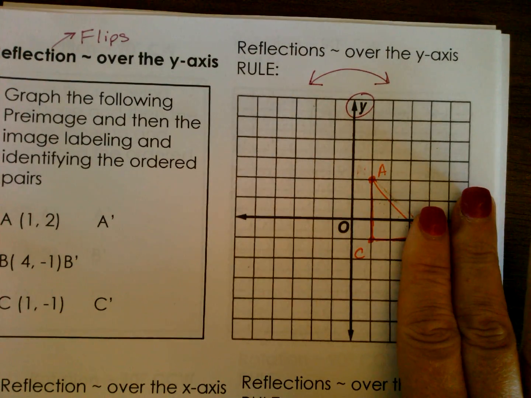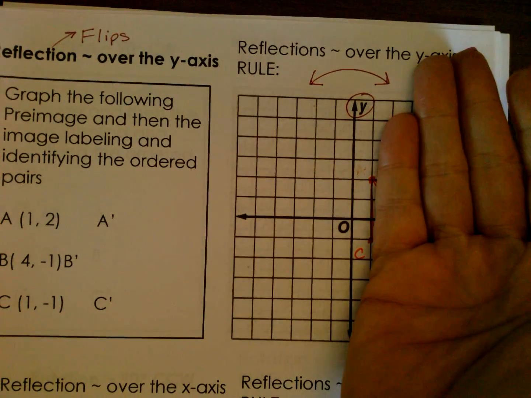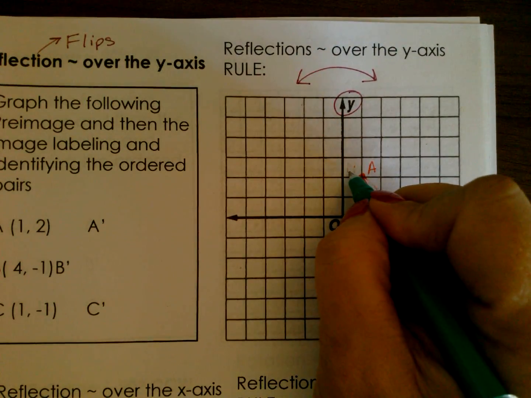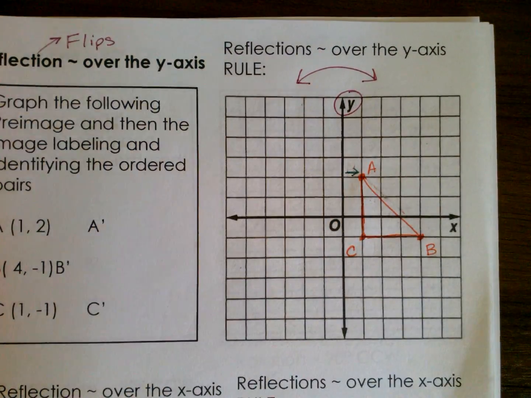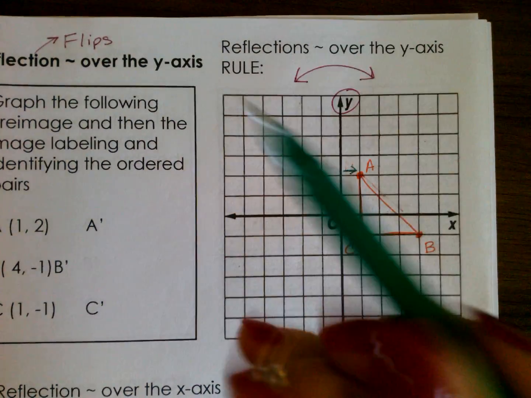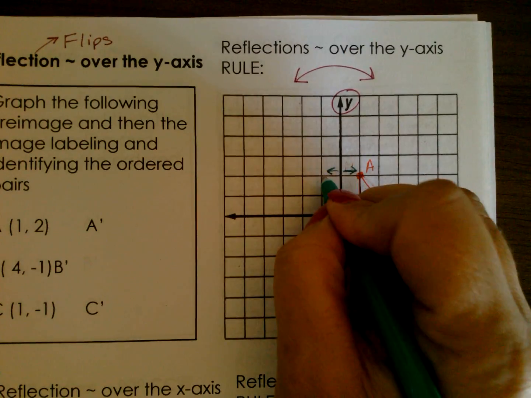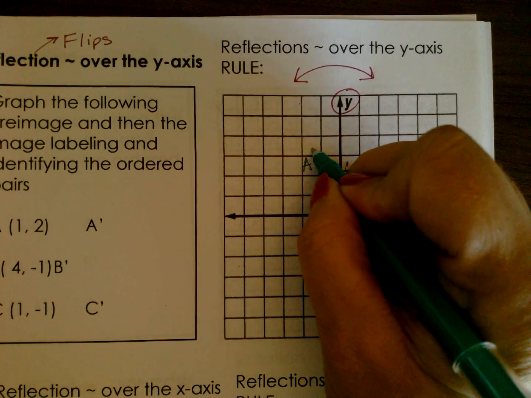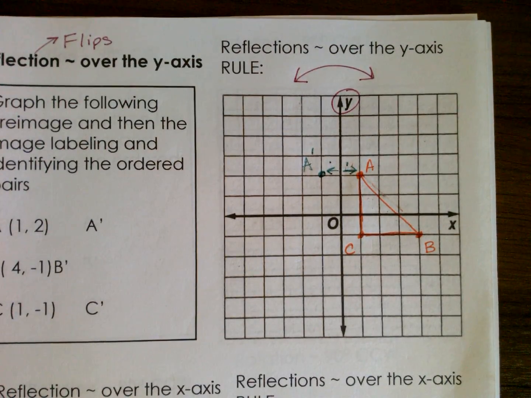So we started on the right-hand side of the y-axis, so we're going to flip it to the left-hand side. What I notice is point A is 1 unit to the right, so to flip it, I would need to go 1 unit to the left. So that would be my A prime.